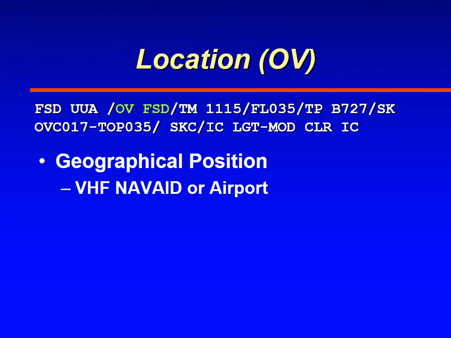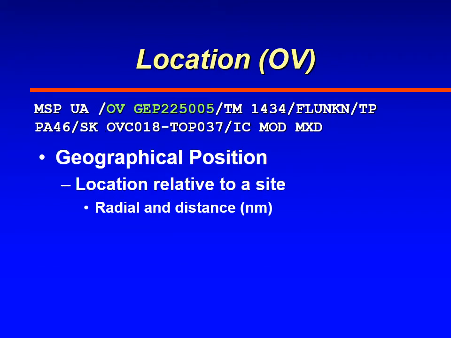And then, as I mentioned, it can be over a VHF Navaid or an airport. And they can also provide the radial and DME from a geographic position, usually a high altitude VOR. In this case, you see in the example GEP 225005 that tells you it's from the Gopher VOR.